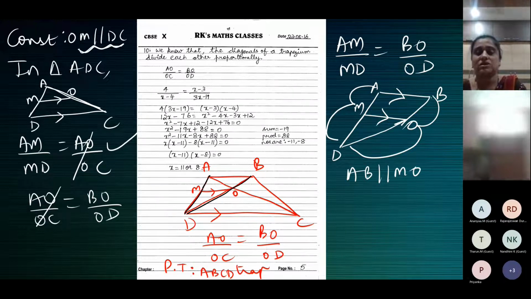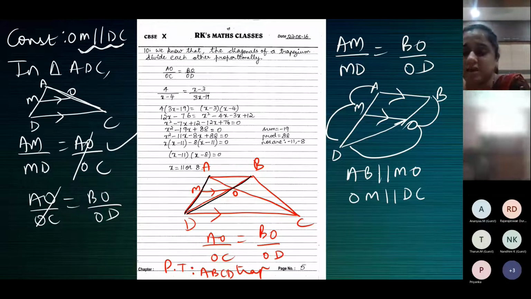By construction, we have OM parallel to DC. Now we have proved using the converse of BPT that AB is parallel to OM. DC is also parallel to OM. That means AB is parallel to DC.